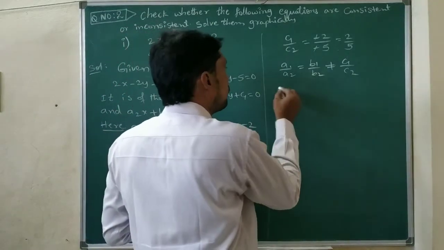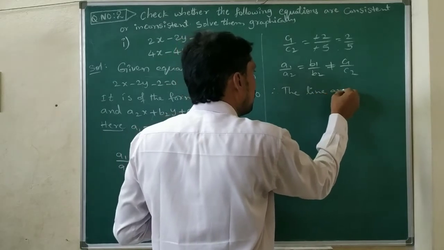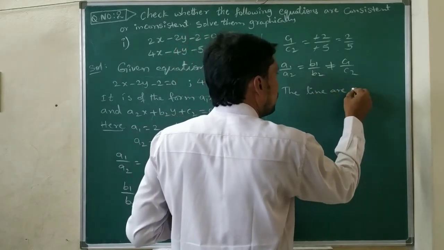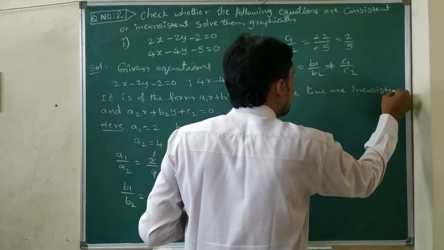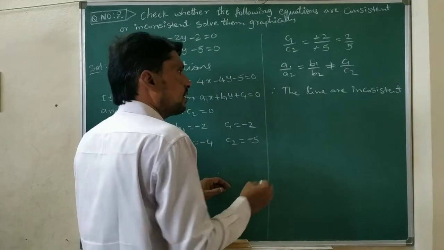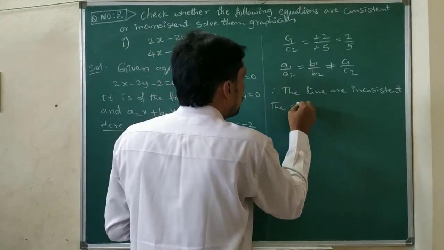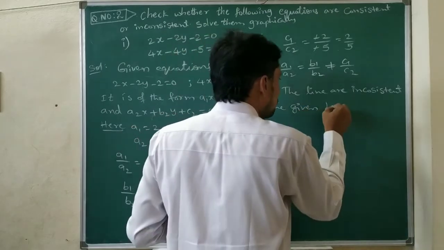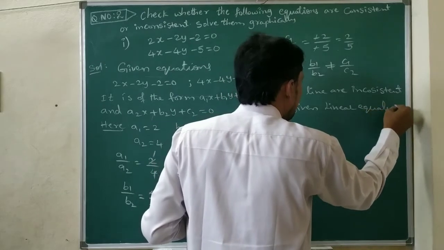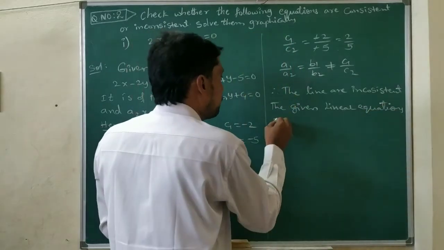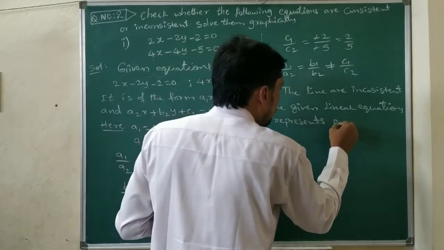Write down here. Therefore, the lines are inconsistent. The given pair of linear equations represent parallel lines.